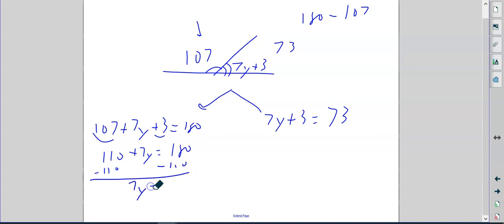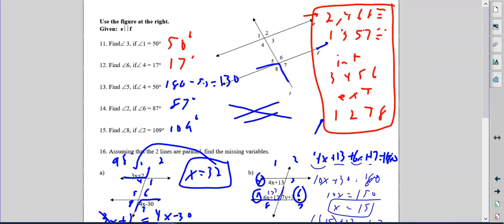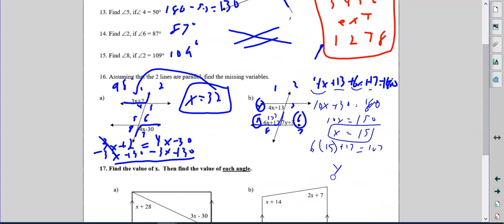That's going to give me 7y equals 70. Let's step over here for a second real quickly. If I do minus 3 right here, I'm going to have 7y equals, oh, look at that, 70. Now it's going to come together, divide by 7, y is 10. So I just want to show you there's 2 different ways you could do that problem. Neither one is better than the other. It's what your brain understands best.